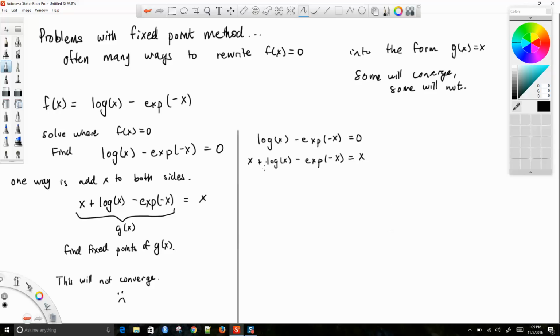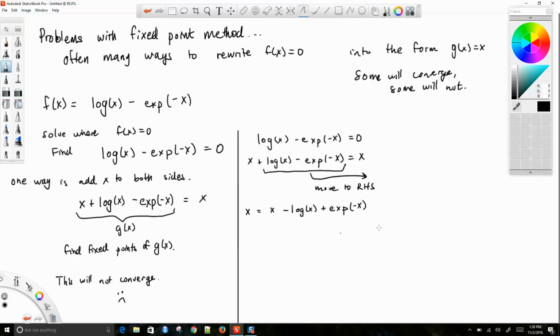But I'm going to move this term over to the right-hand side. And so what that does is we're going to just subtract off x. So I got x is now x minus log x plus e to the negative x.